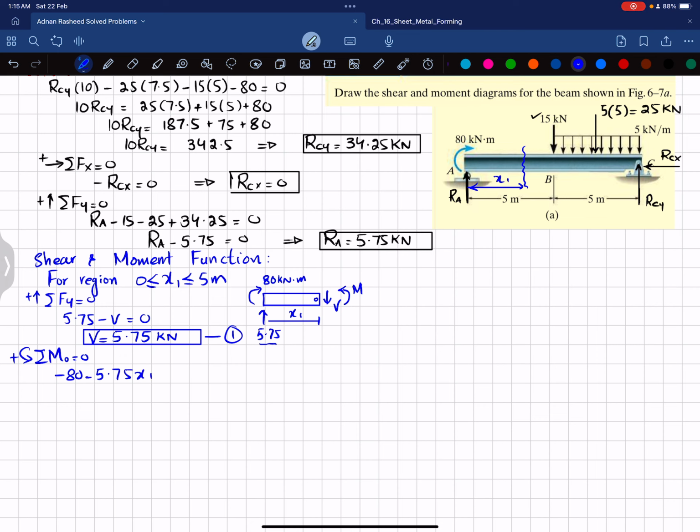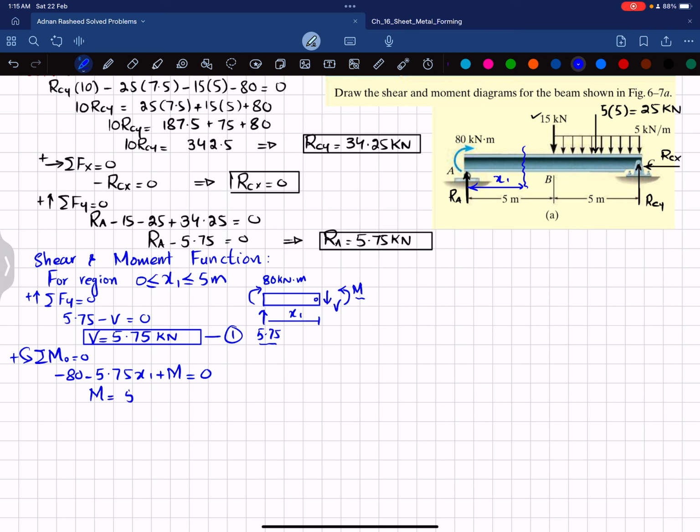And the last moment, which is reaction moment, that is counterclockwise, that the sum of all this moment must be equal to 0. So from here you will get this moment will be equal to 5.75 times X1 plus 80, and the unit will be kilonewton into meter. This is your equation number 2.